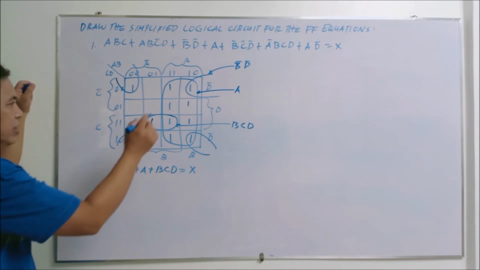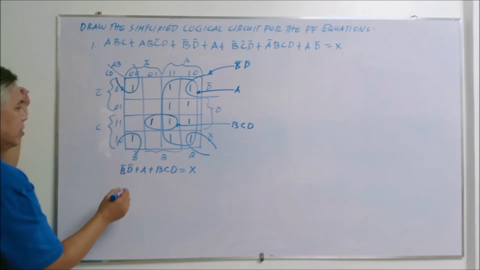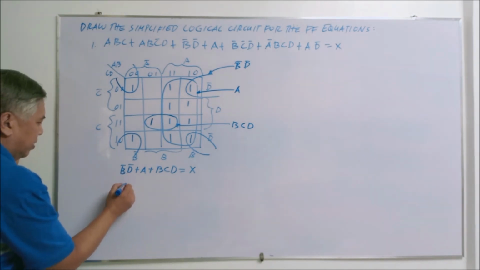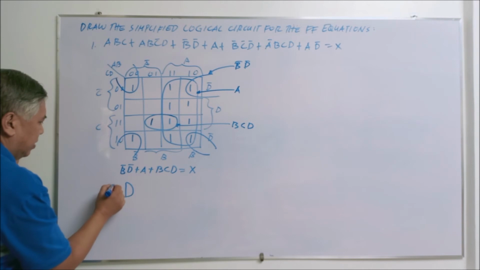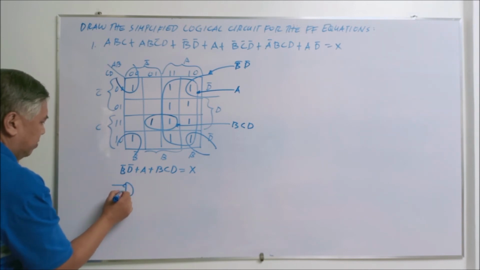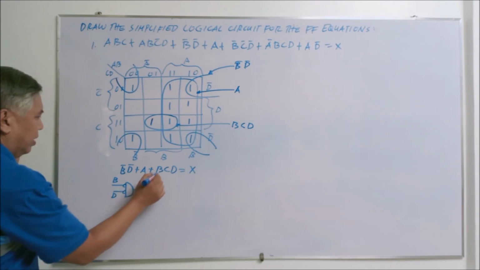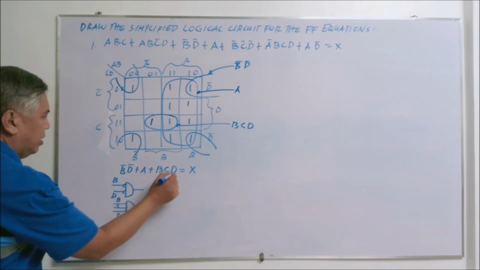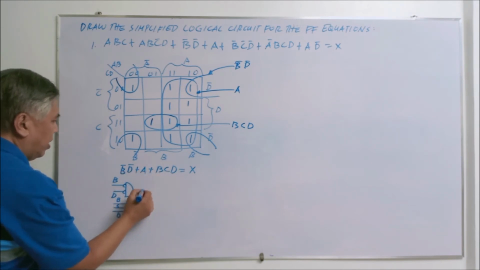And so the simplified logical circuit equivalent will be, you have here an AND gate, B bar, D bar, then you have B, C, D, okay, and these two are being ORed to A.